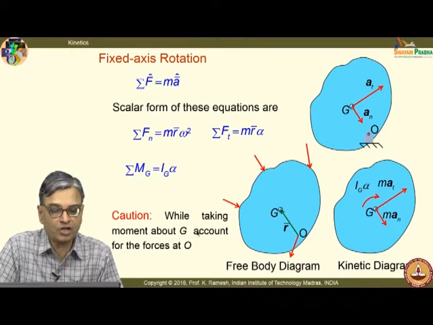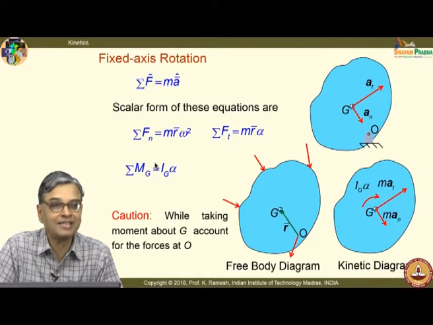And there is a word of caution while taking moment about G. When I take the moment about G, the RHS you will not have difficulty, you will write I_G alpha. But when you want to write the LHS, you must also account for the forces at work. You have to be very systematic.